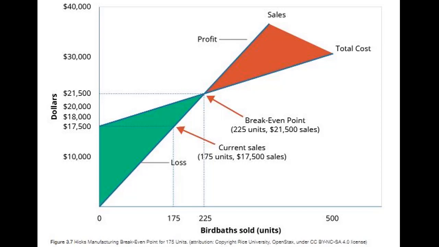That is simply one illustration of situations where figure 3.7, the comparison of sales revenue and total costs, is drawn out in a visual way for purposes of identifying the break-even point.